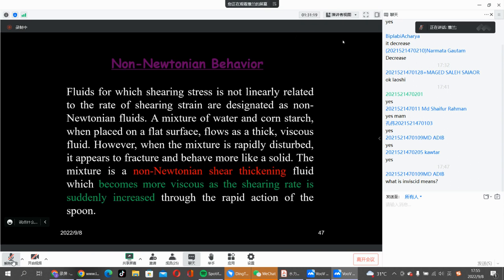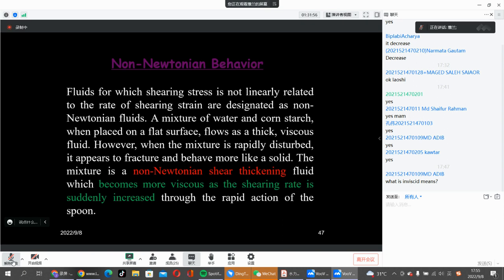So what happened then? Actually, this one is cornstarch, a non-Newtonian fluid, and moreover, cornstarch is a non-Newtonian shear thickening fluid. What does it mean? It means the fluid becomes more viscous as the shearing rate is suddenly increased. That means the more viscosity, the larger the shear stress is.